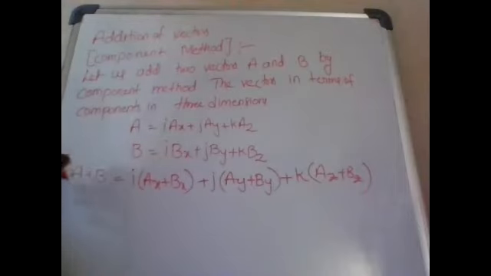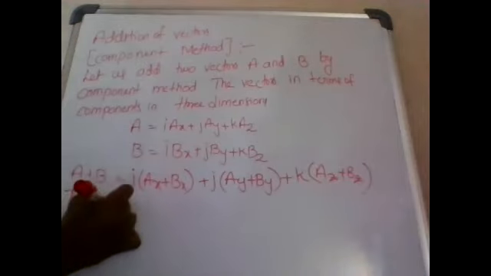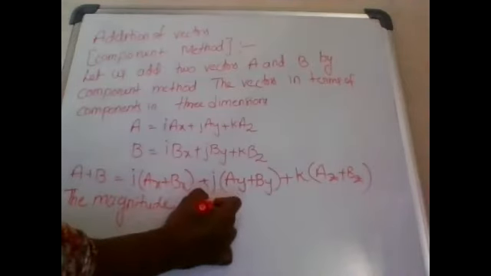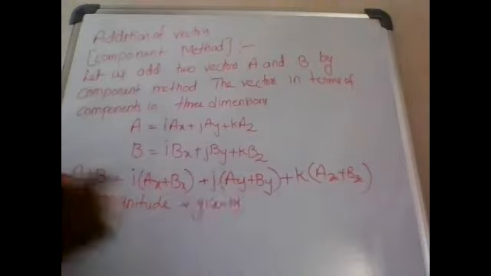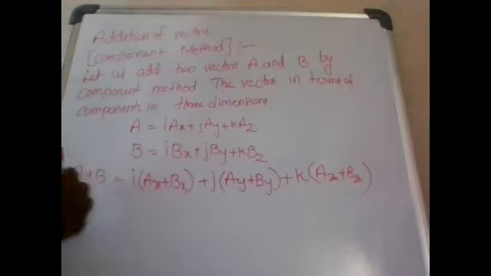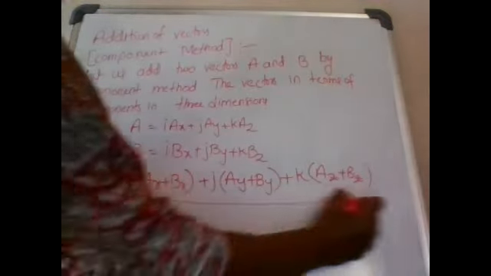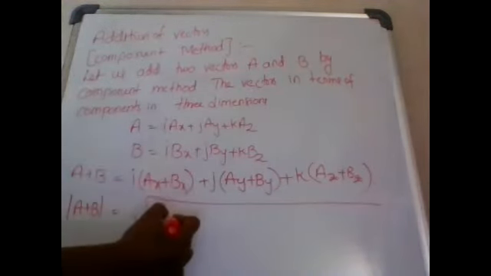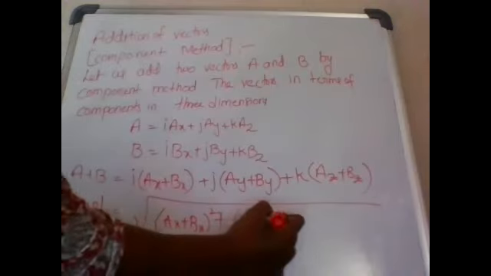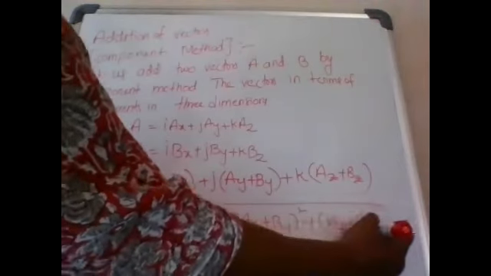Next, the magnitude of this addition. The magnitude is given by, generally how do we write, mod A plus B equal to under root of A suffix x plus B suffix x whole square plus A suffix y plus B suffix y whole square plus A suffix z plus B suffix z whole square.